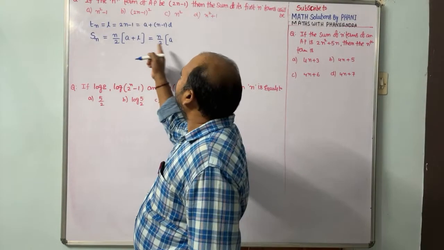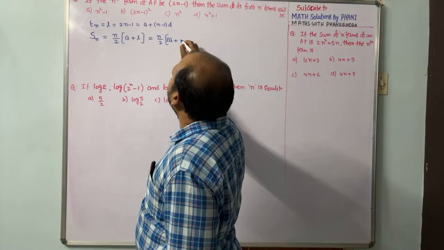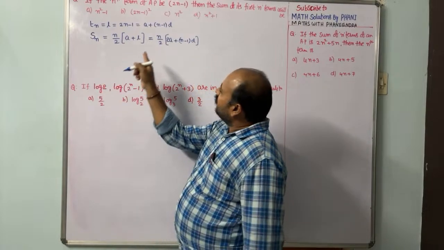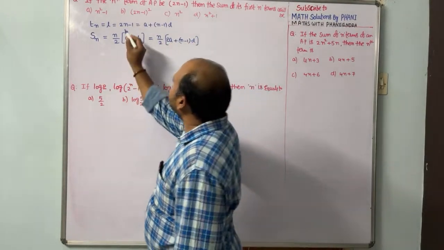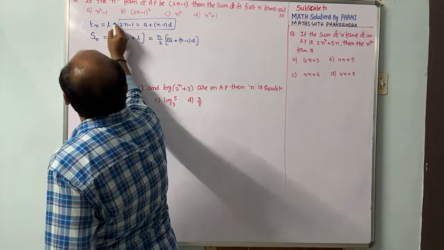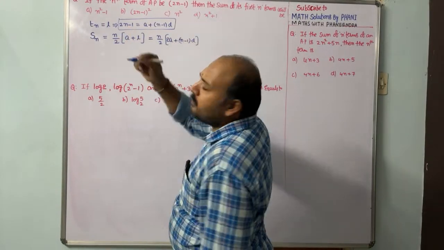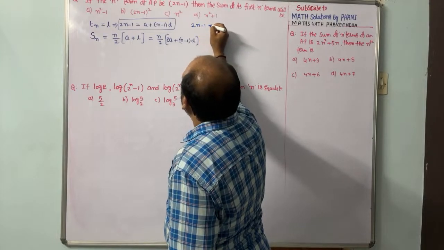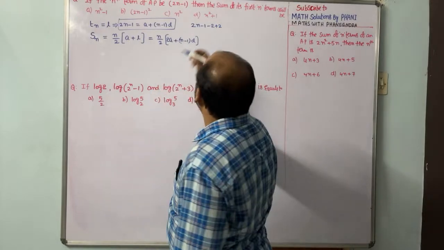Here, besides A plus L, another formula is there, no? 2A plus n minus 1 into D. To get the A and D values, what we have to do is, from this we can make it, dear students. 2n minus 1, what I am doing is 2n minus 1 minus 2 plus 2, adding and subtracting 2.